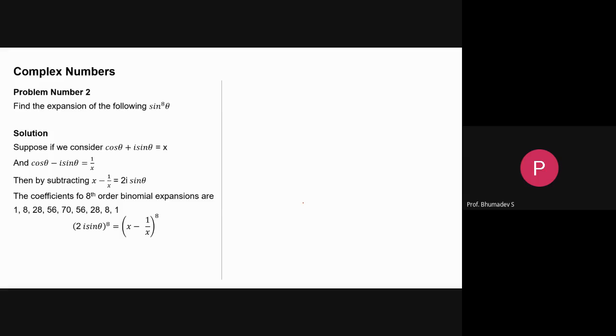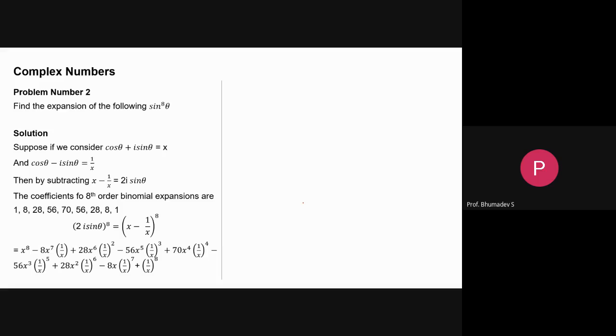It will be starting with plus as far as this expansion is concerned. The expansion which we have seen in the previous problem, the same way we are supposed to do it here also. But plus minus alternatively, sign will be changing because of the terms which we have within the bracket, which is x minus 1 upon x.